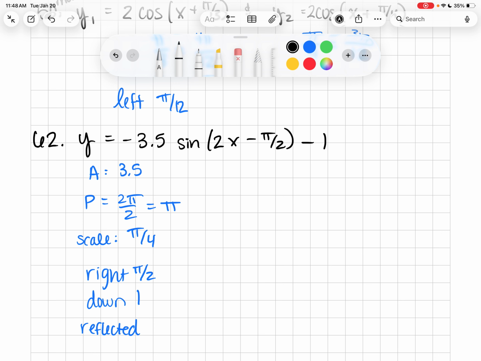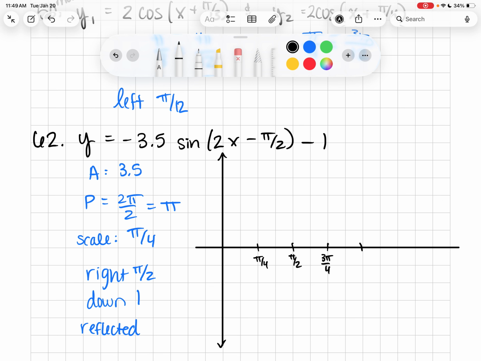Okay? So I'll set this up here so we can see it. I know ultimately I'm going right pi over 2, so I don't really need anything left of 0. So I'm just going to go ahead and set this up pretty far over this way. So I've got scaling of pi over 4. I know I'm going right pi over 2, so I'm going to make sure I put some extra spots on here as well.